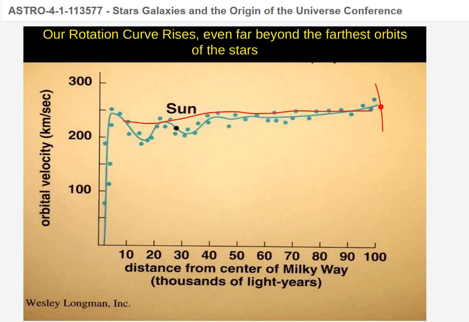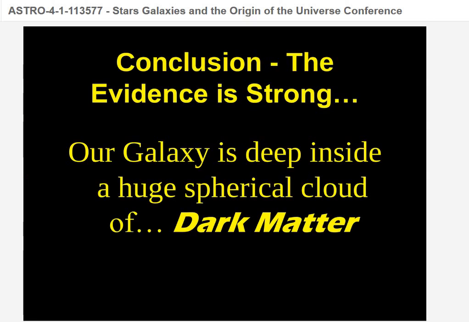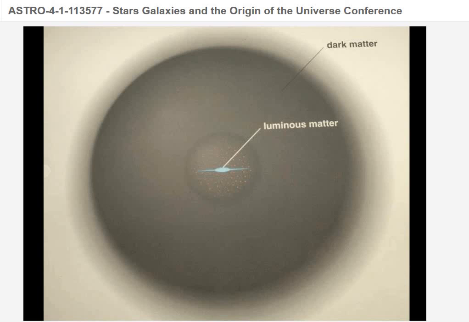And so we can measure the wavelength of that and then get the velocity of that gas going around in a circle around our galaxy. And there it is. It doesn't go down to well beyond the position of the sun. So we are surrounded by a dark matter halo. Our galaxy is inside of a huge halo of dark matter.